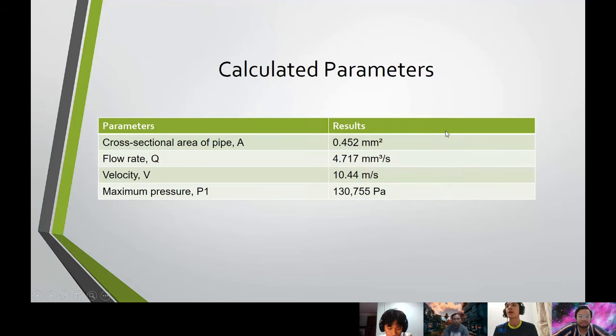For the cross-section area of the pipe at the end of the hose, it is 0.452 millimeter square. The flow rate Q I get is 4.717 cubic meters per second.